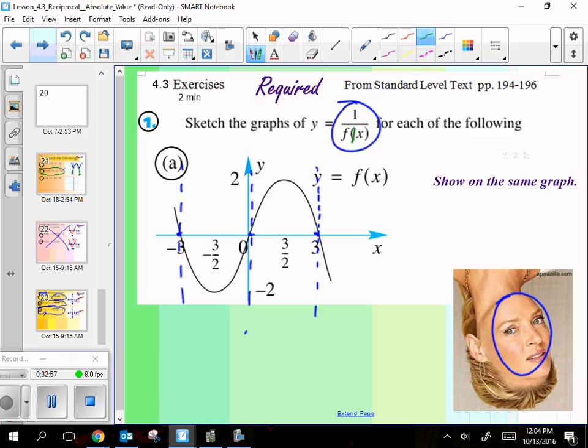When there's a 1 right there, then 1 over 1 will be 1. So 1 and negative 1 are the only important points. Those are the spots right here where your graph will overlap with the other. And then generally speaking, it's something like that, but I'll let you figure out how to finish it.